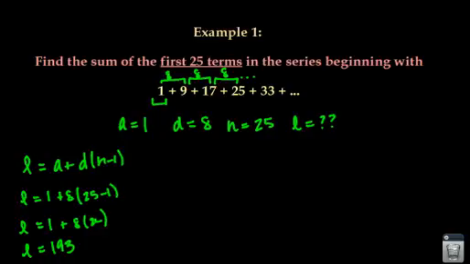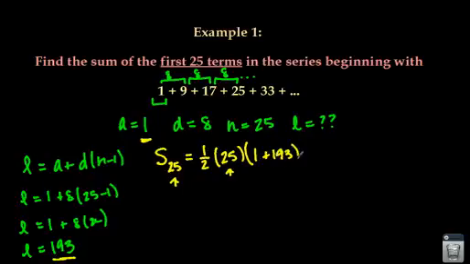Now I'm going to put it into my summation equation. The sum of n terms, where n is 25, equals half times the number of terms, which is 25 again. These two numbers always have to be the same. Times quantity, term 1, A, plus L, which is 193.